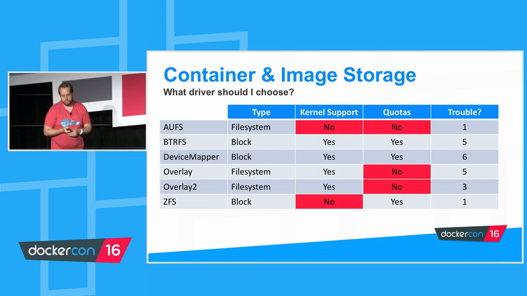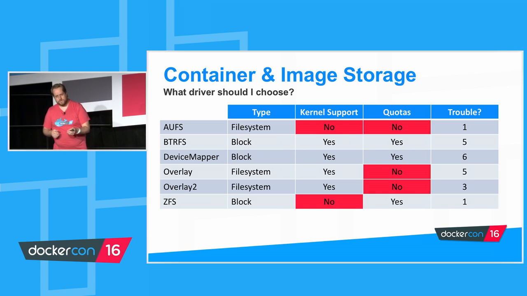One column is type, where you can see we have essentially two types, file system and block. These type names aren't exactly accurate, but they at least let me segment the categories for you. Now, the ones that are labeled as file system, essentially these sit on top of your existing file system and can expand and contract as needed for the workload requirement.